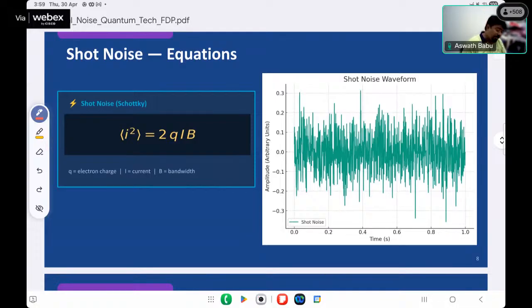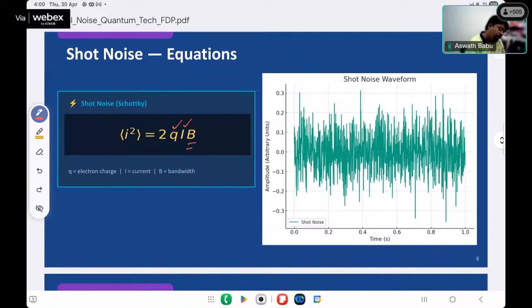In that case, let's say electrons are there. In the case of a current carrying wire, with some current, it is carrying with some bandwidth. If I try to measure the average of I square, this is how the shot noise is measured.